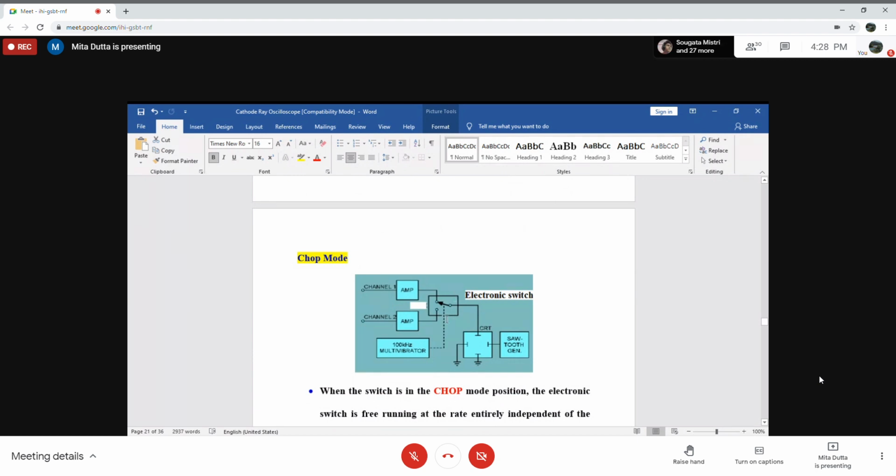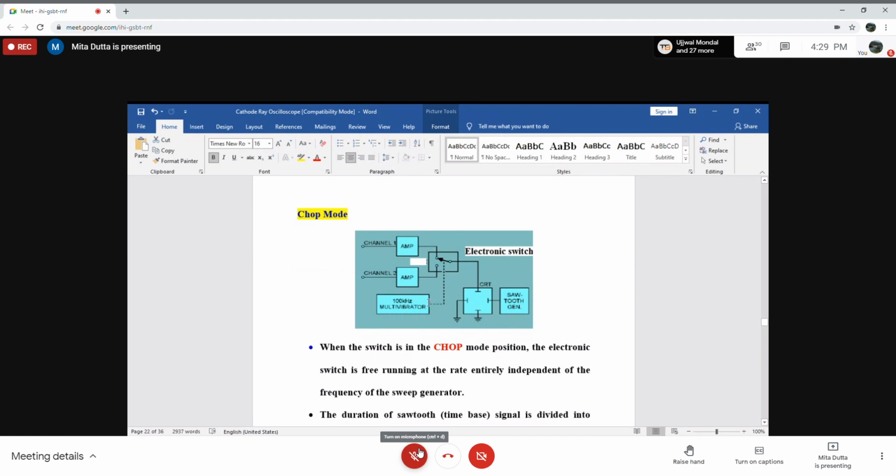Now here the electronic switch will act as a free running multivibrator. That means the frequency at which the electronic switch connects channel 1 and channel 2 is independent of the frequency of the signal applied to channel 1 and channel 2.